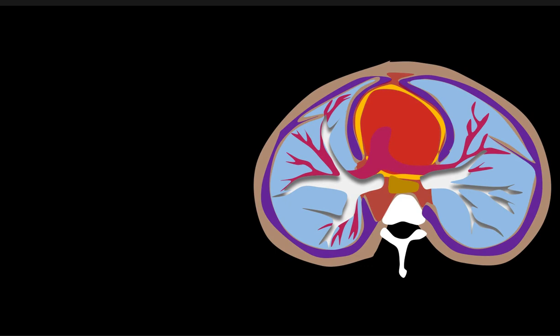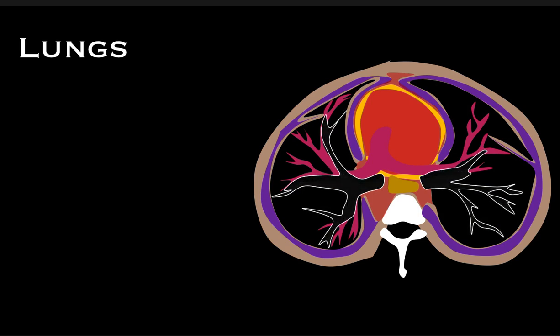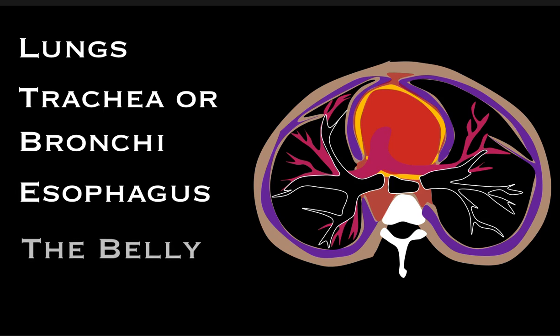We talked about the various locations that air is normally located, or where your sources of air can come from, and the obvious one is the lungs, and air gets into the lungs through the trachea and the bronchi. There's also going to be air within the esophagus, when you're swallowing, and also belching, these kinds of things coming up and down, and of course there's air in the GI tract.